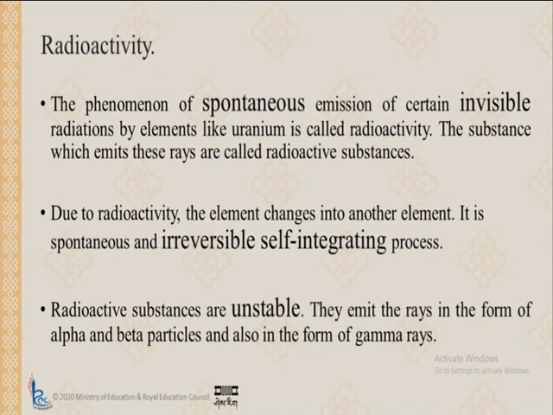Next, radioactive substances are unstable. Obviously they are unstable because they are in the process of emitting rays. They emit the rays in the form of alpha, beta particles or also in the form of gamma rays.